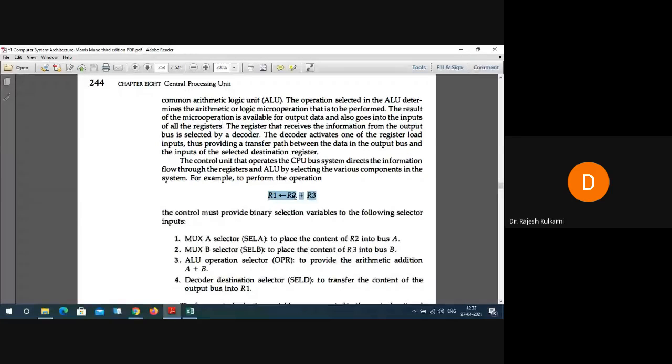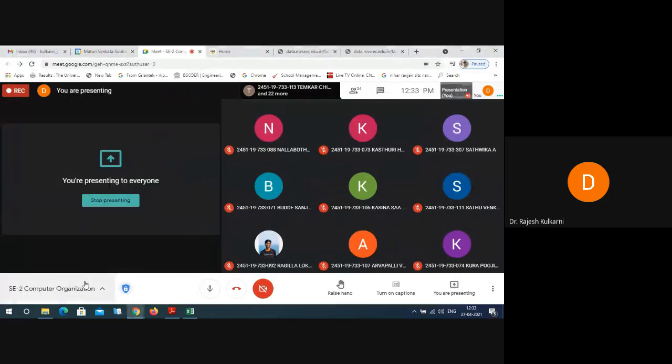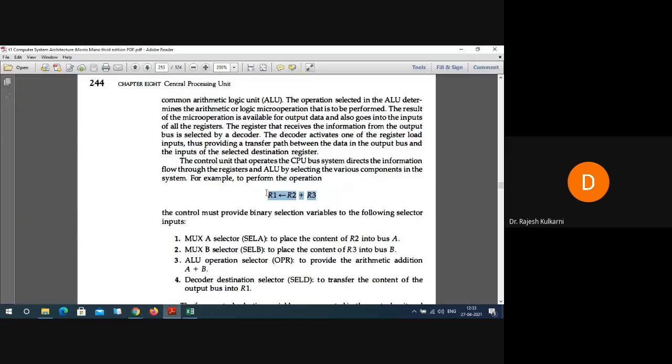The highlighted instruction you read. Is the screen visible to you, by the way? Yes, sir. Okay. So can you read this instruction for me? Can you read this one line? What is the problem?